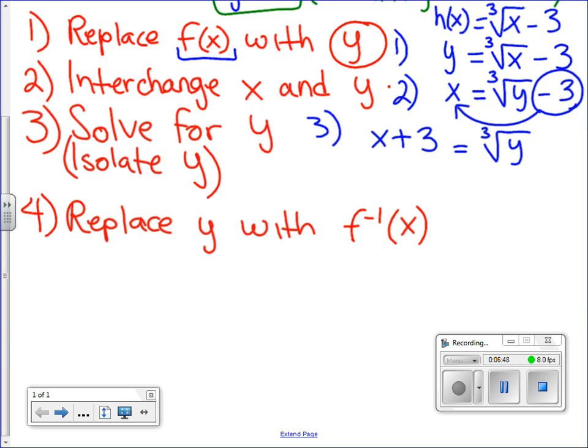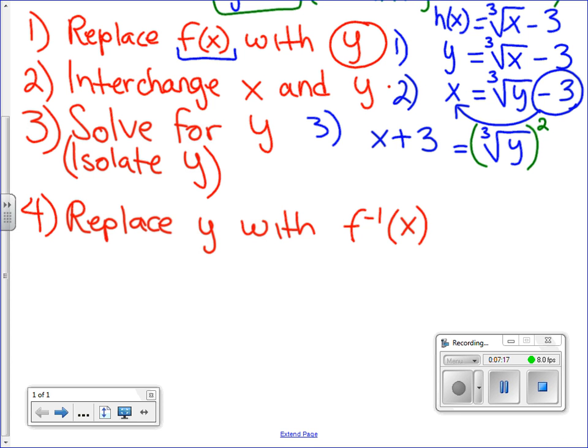Now we're almost done. We just need to do one thing. How can we undo a cube root? By what? Multiplying by what? So if it was a square root, how could you undo it? You square it. So if we have a cube root, we square that.